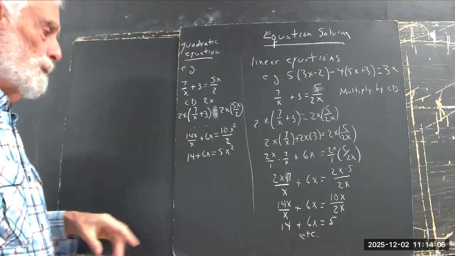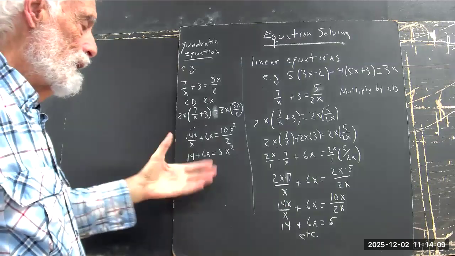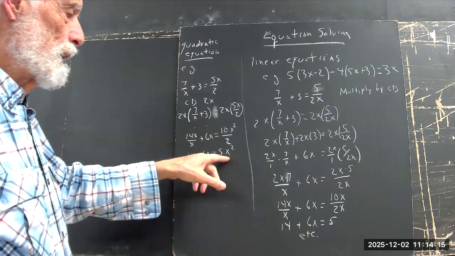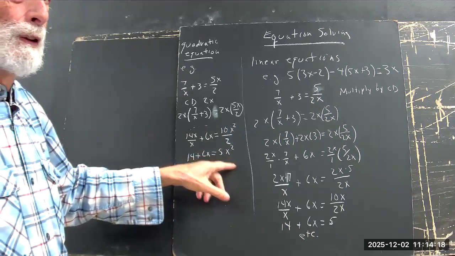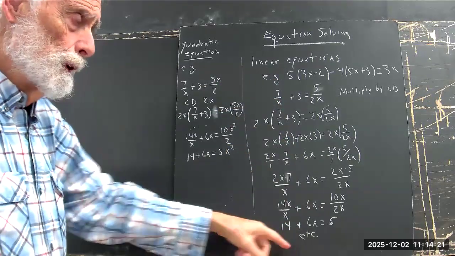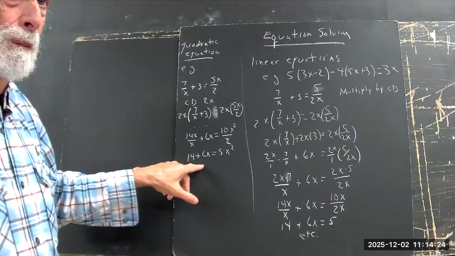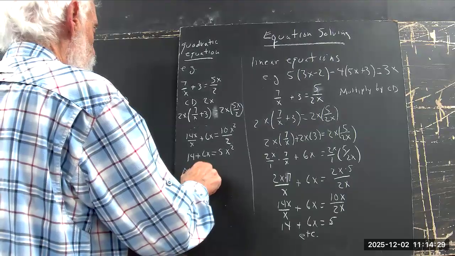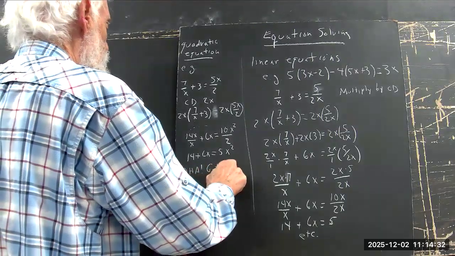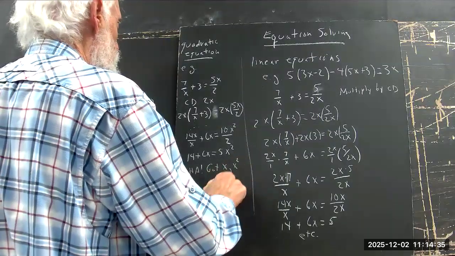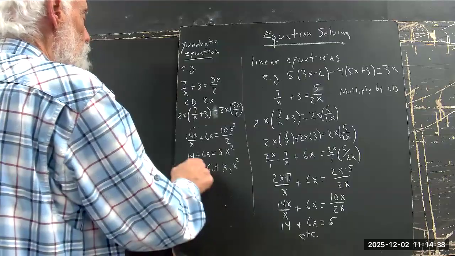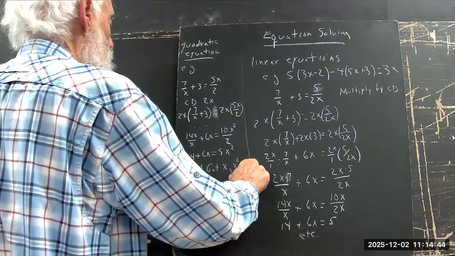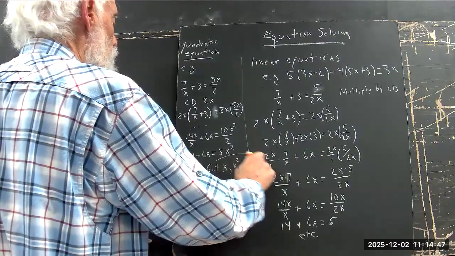Now, at this stage, many people will try to eliminate x, get all the x's on one side, but you have an x term and an x² term, and it isn't going to work. You can't use the techniques that work for linear equations when you have a quadratic equation. So you say, we got an x, we got an x², and we got a number. Okay, those three things.